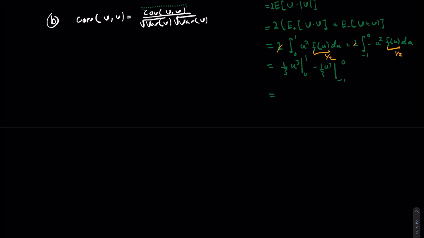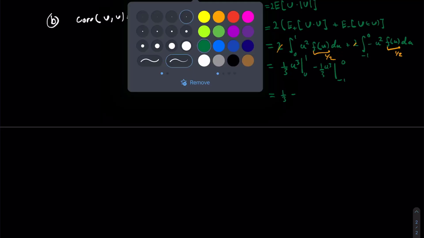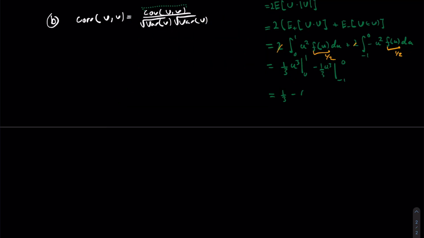Let's just write it out. We have 1/3 times 1 minus 0, minus 1/3 times 0 minus minus 1, which is minus 1/3.